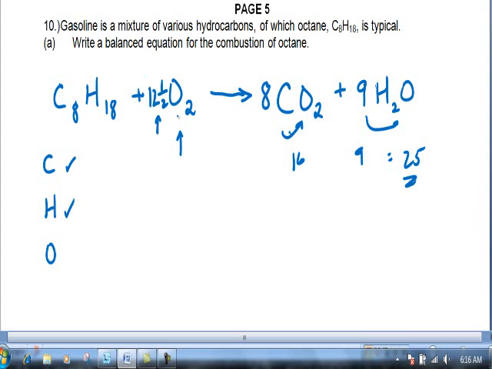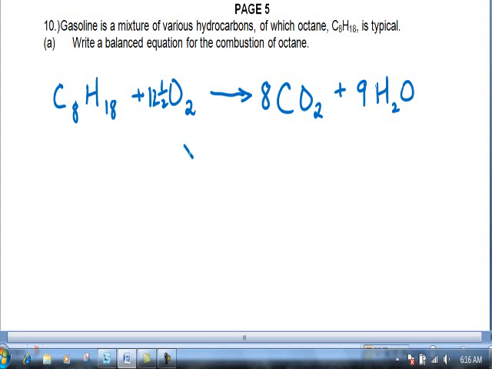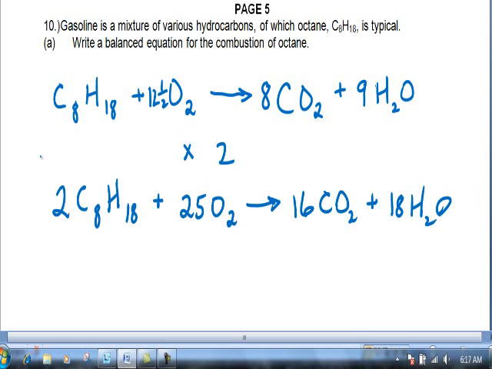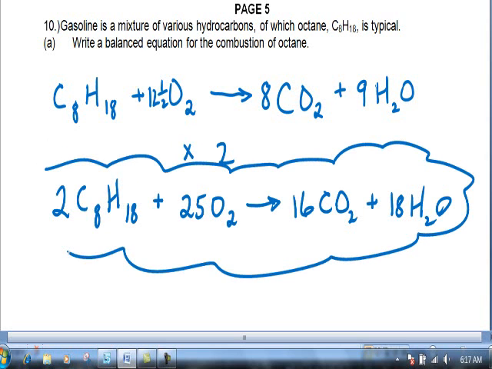That gives us 12.5 times 2, which gives us 25 oxygen atoms, and we're now balanced. We'll adjust the equation now so we get all whole numbers for our balanced equation by taking the entire equation and multiplying by 2. This now gives us our balanced equation for the combustion of octane.